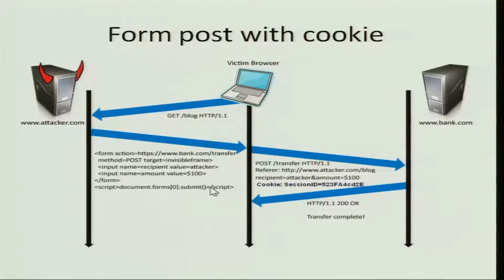The victim browser then goes to the bank, and when the browser sends this cookie to the bank, the referrer field, if somebody checked, would not be the bank site but rather attacker.com, which is not common when you are doing a monetary transaction.